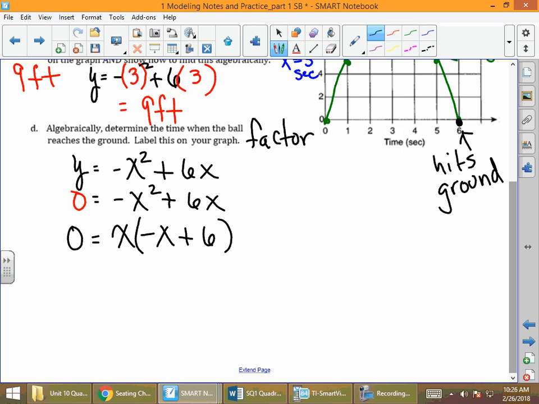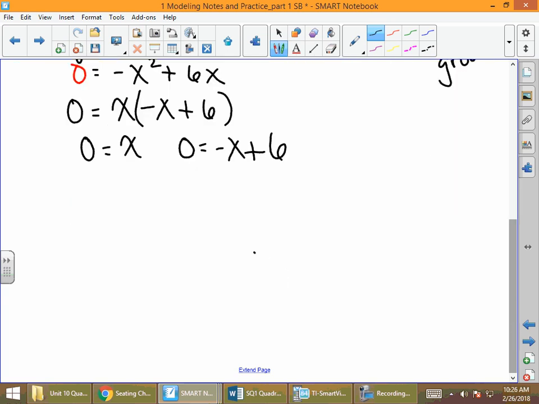Then we're going to set each of our factors equal to 0. So it's going to be 0 equals x, and 0 equals negative x plus 6. Sorry, you're probably running out of space a little bit. But we can add x to both sides. We get x equals 6.